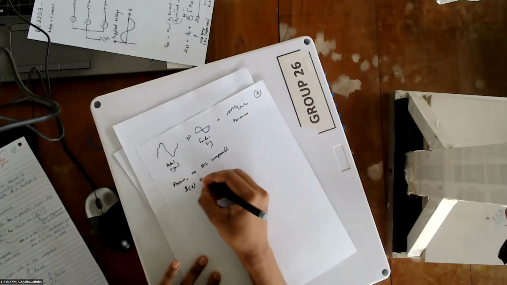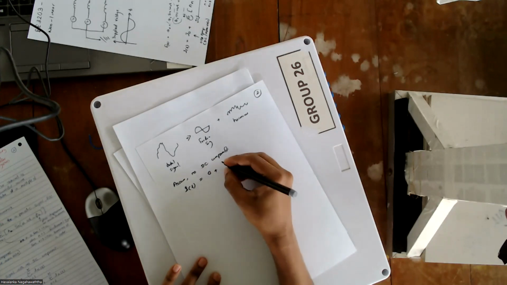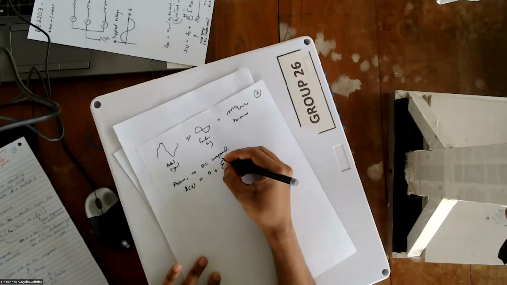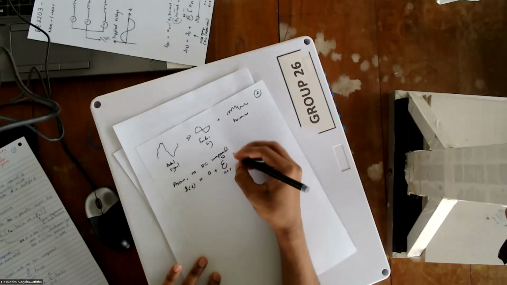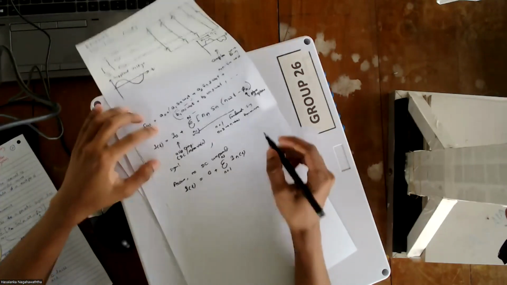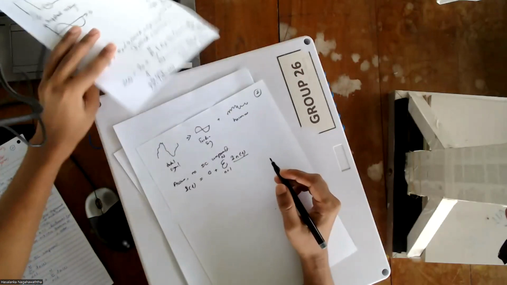You can write it as 0 plus the remaining term, n equal to 1 to capital N, I n t. The total term I denote in this way.